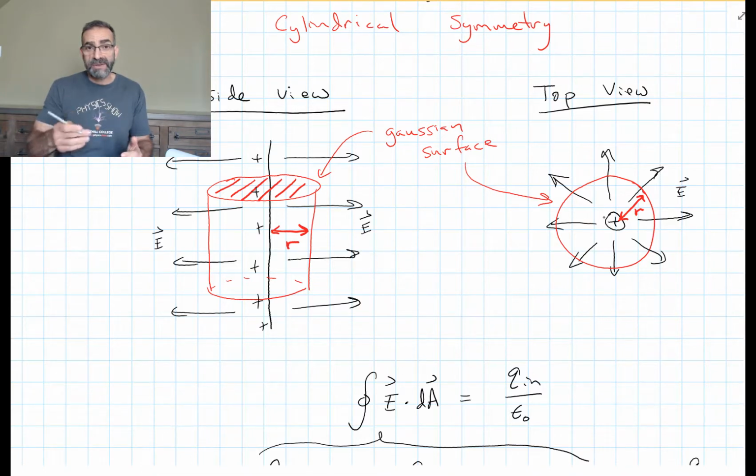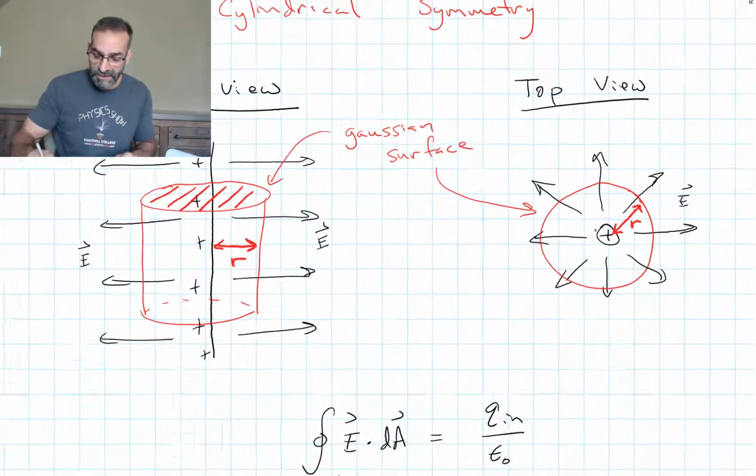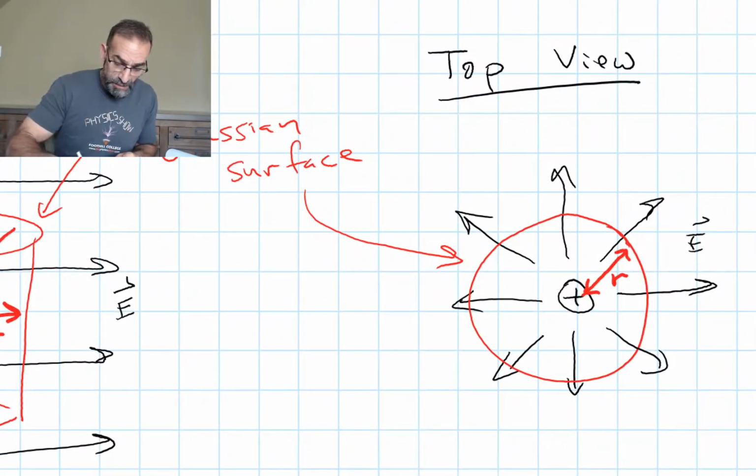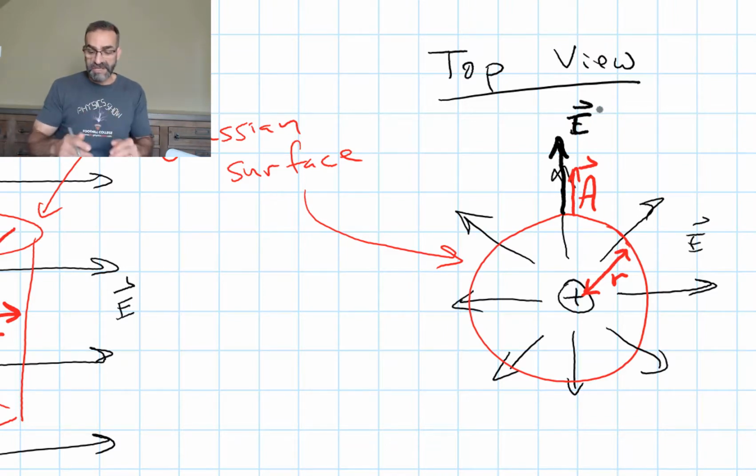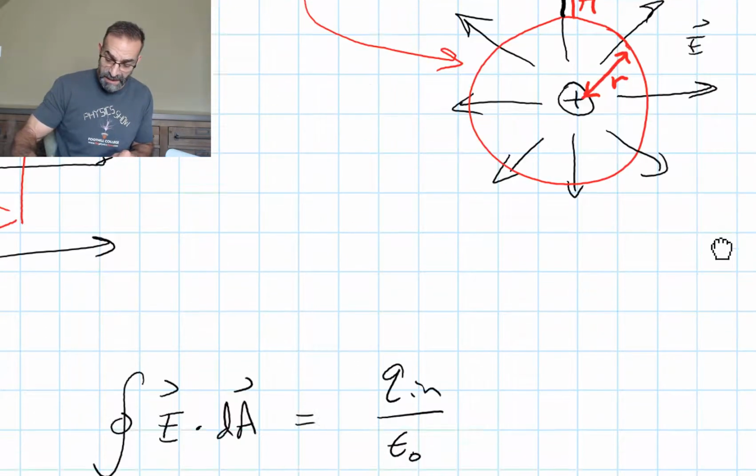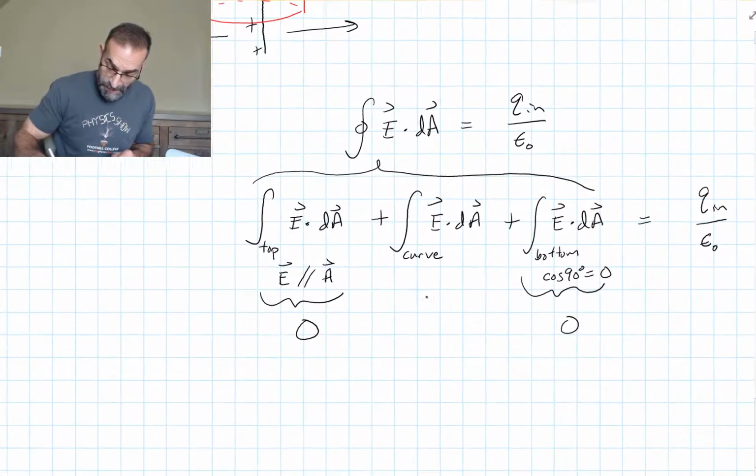So the angle between the area vector and the electric field vector is 0 degrees. The electric field points out and the area vector points in the same direction. So I get a cosine of 0 degrees there.